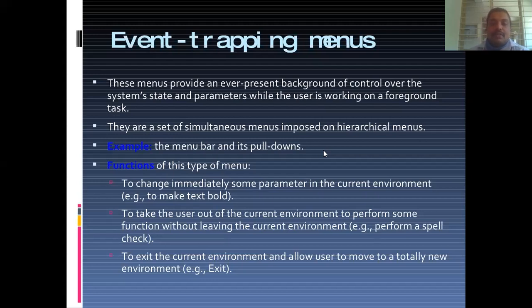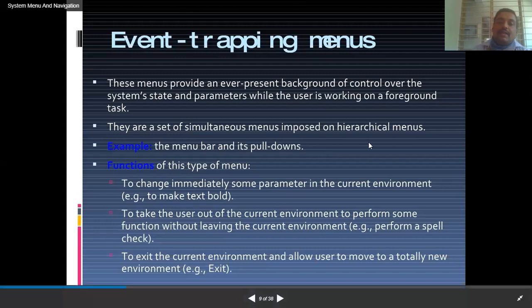Movement is possible, and the Alt-Tab functionality can be utilized here to exit the current environment and allow the user to move to a totally new environment. So exit is also possible, and it gives a feeling of newness. This is with respect to the event trapping menu.